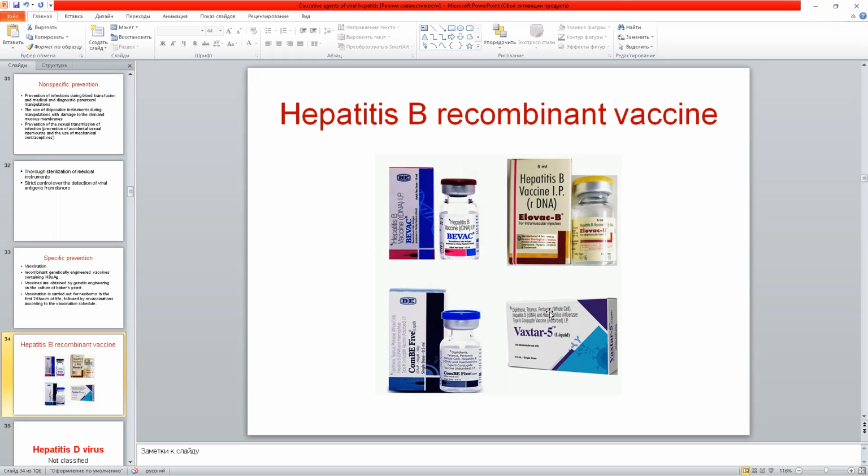Now associated vaccines are produced, and then a few revaccinations. People should be vaccinated a few times. And now this hepatitis B vaccine is joined with other vaccines, like against diphtheria, tetanus, pertussis, hepatitis B, and then against Haemophilus influenzae.